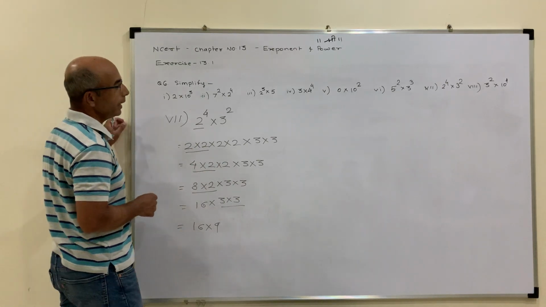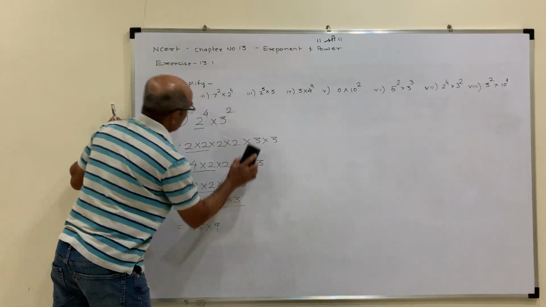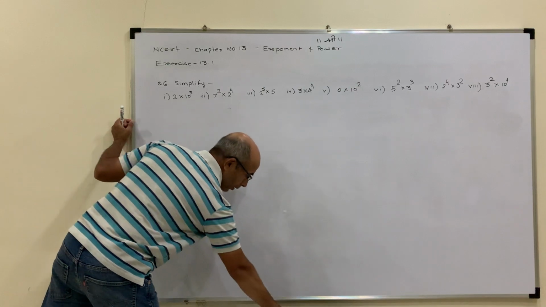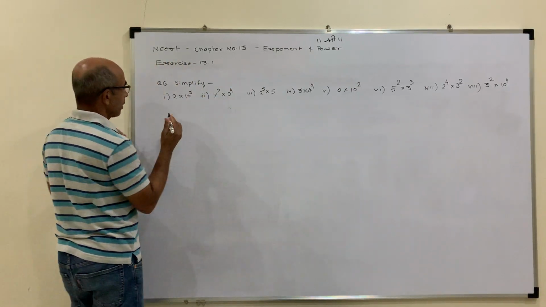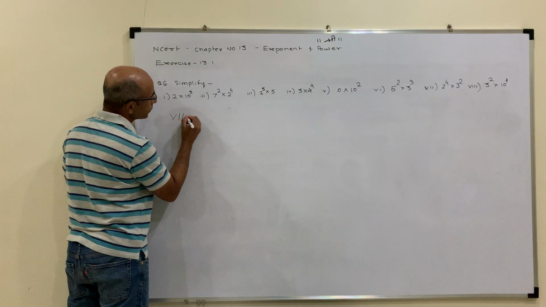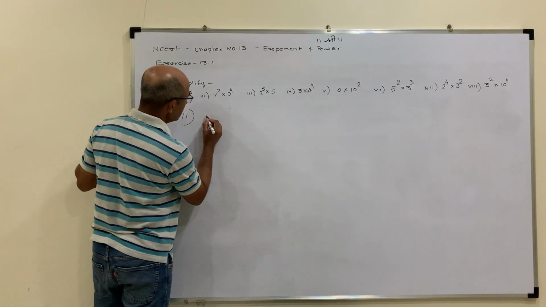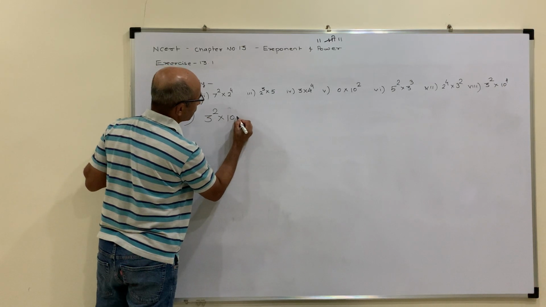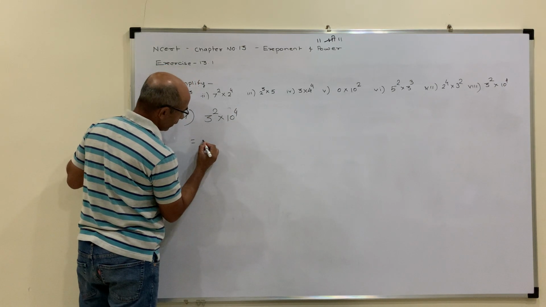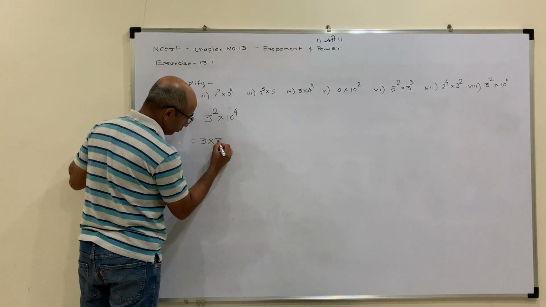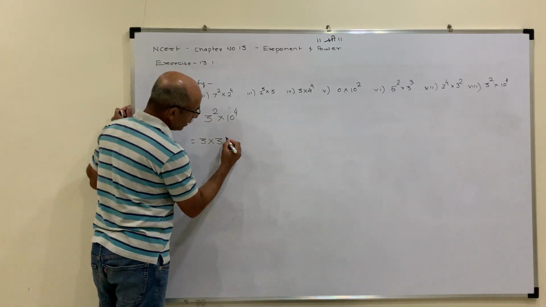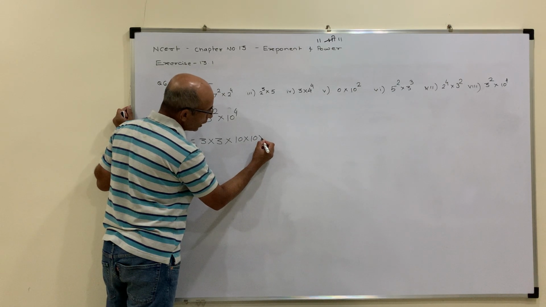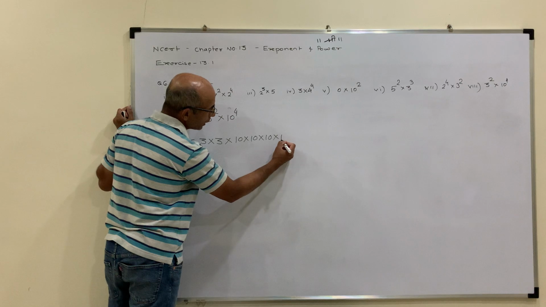So now the 8th problem is 3 square into 10 raised to 4. So 3 square, 3 into 3, and 10 raised to the power 4, so 10 into 10 into 10 into 10.